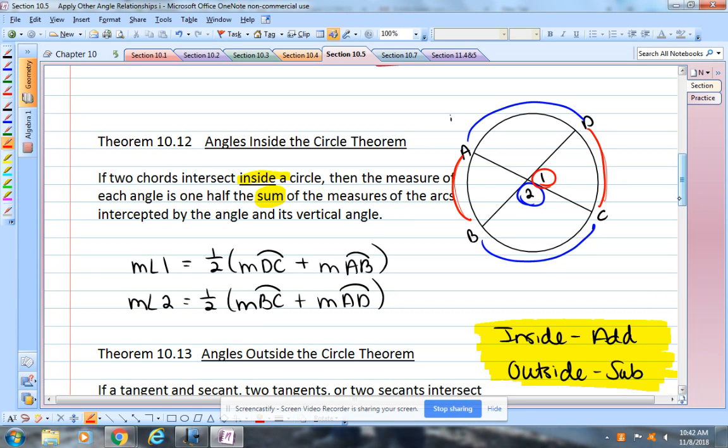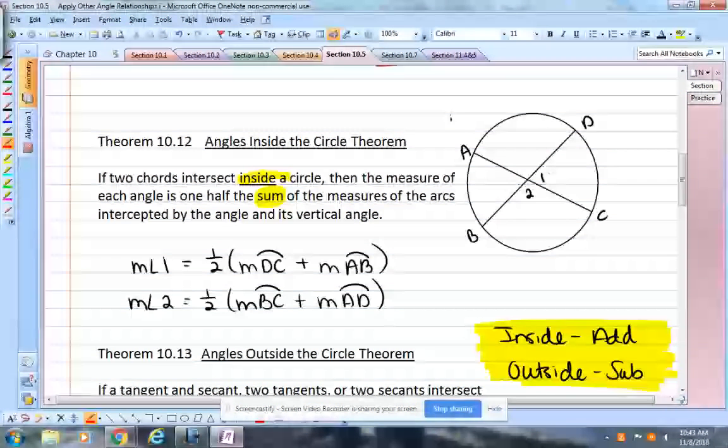Okay, so if I have two chords that intersect inside a circle, then the measure of each angle is half the sum of the measures of the arcs intercepted by the angle and its vertical angle. If I look up here, I'm going to erase my colors for just a second and I'll put them back on. So that angle 1 right there, and this vertical angle, isn't it the same measure?